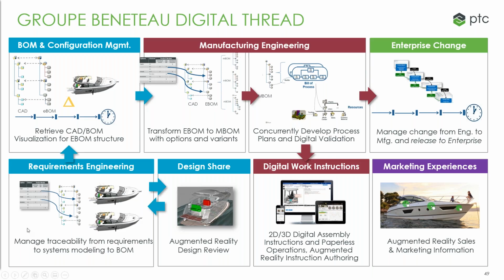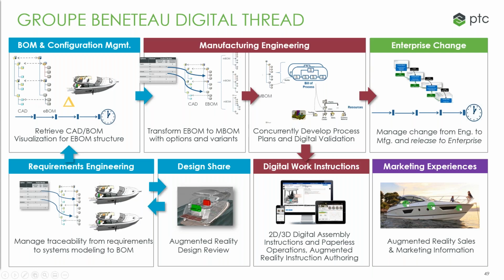So it's really around, as we said, capturing those requirements, making sure that what the customer is asking for, we've captured that information. Maybe we can do some design share from that, using that 3D data that we've already got existing to share that out to make sure we understand what's happening. But then it's really around building that BOM, building that configuration, getting that CAD structure right, building that EBOM structure.